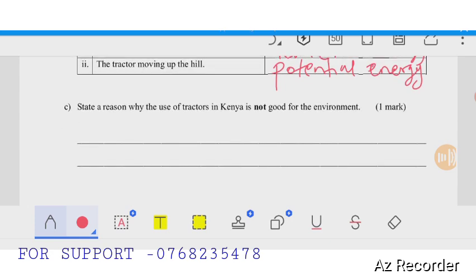State a reason why the use of tractors is not good for the environment. We clearly know that tractors produce smoke, and this smoke will pollute the environment.